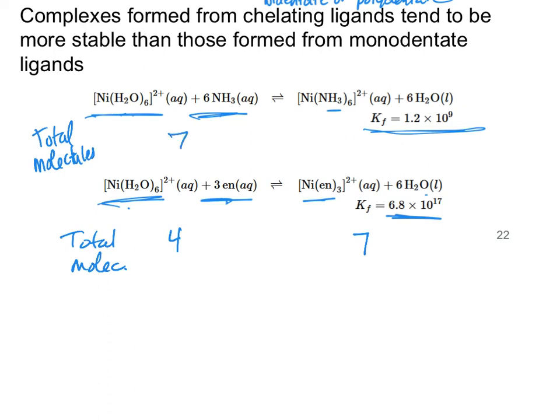There's 7 and 7. What happens to the entropy when we go from, oh, I'm totally messing this up. No, I'm not. Okay, so when we go from having the nickel water complex to then replacing those waters with ethylene diamine, what happens to the entropy? It increases.